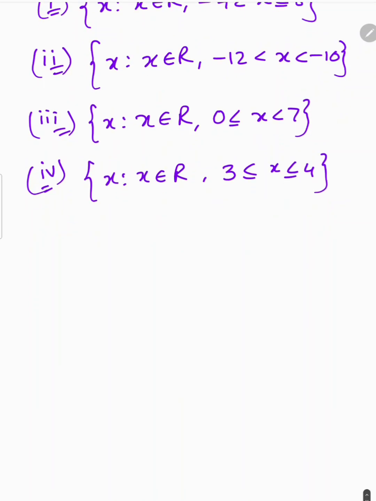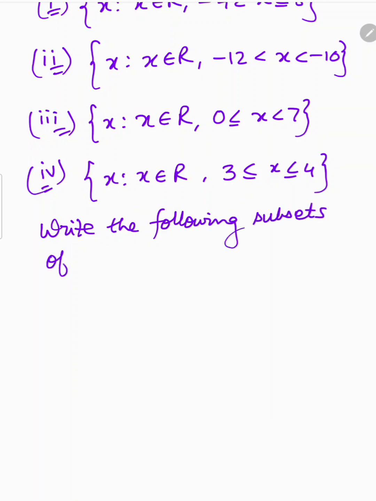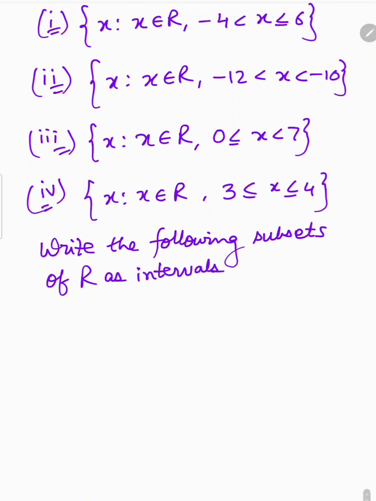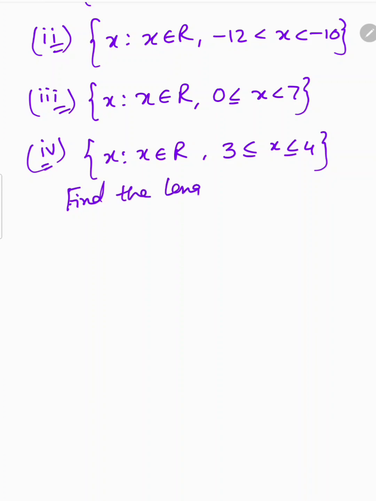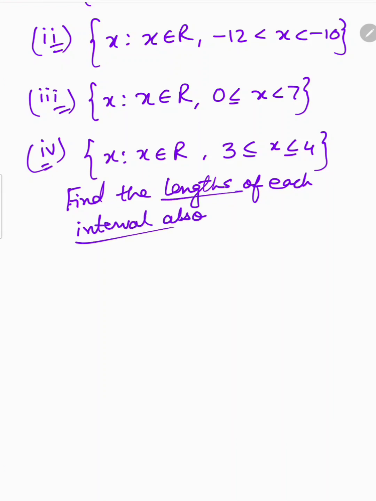Okay, so write the following subsets of R as intervals. Find the lengths of each interval also. This is the question.